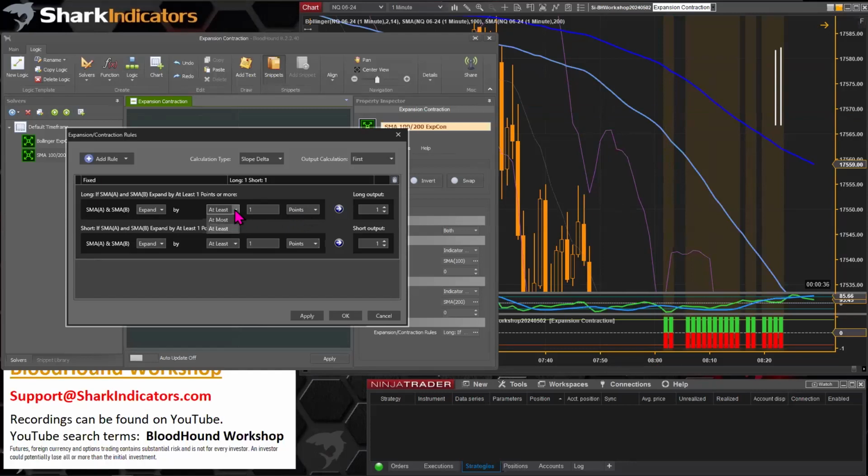Okay. Now, we could do the opposite and say, okay, we only want to know when these two lines are expanding by a minimum amount here, or in other words, at most 1 point.